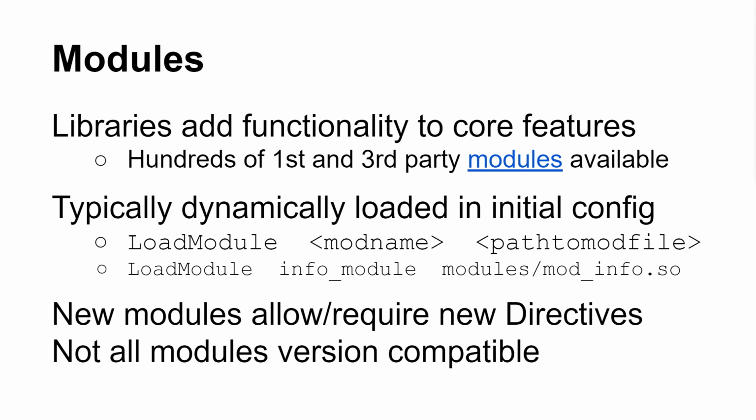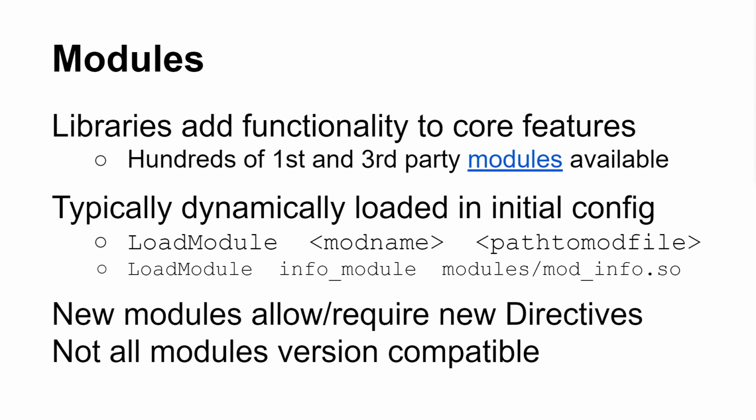Where Apache is installed, there should be a modules folder. In this specific example, the info module is the module we're going to try and load, and that module should be found in the modules folder as a file named mod_info.so, and that is the compiled version of the module meant to be used for that particular Apache configuration.